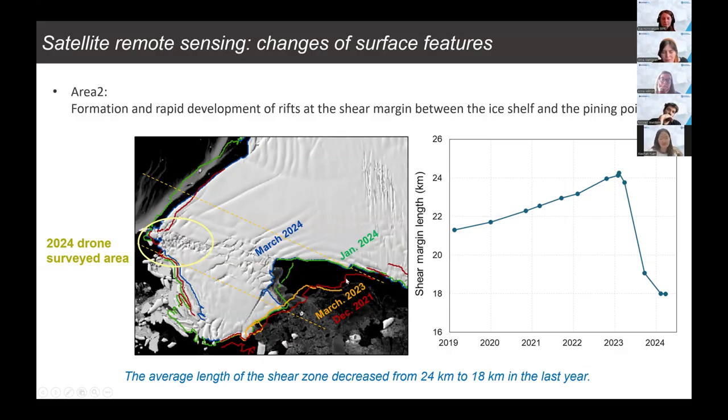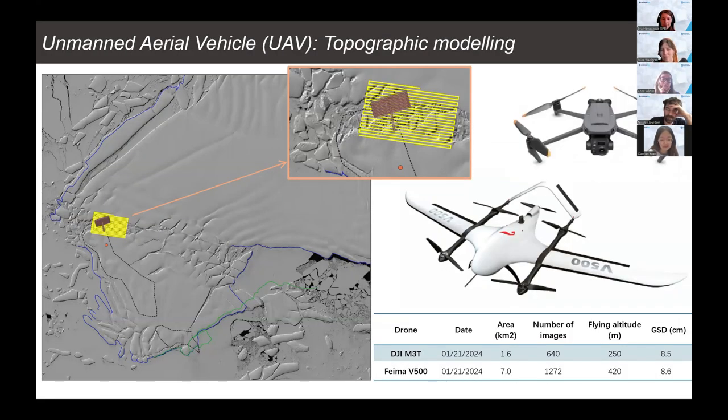So for a better understanding of the status of this connection, we conducted a drone survey in this area during the expedition to produce a high-resolution topography model. And here we used two kinds of drone to collect imagery.